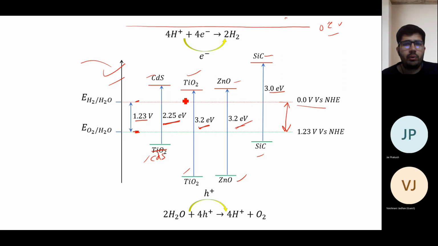You can see that 3.2 and 3.0, but the conduction band and valence band positions are different. This was 3.2, this is 3.0, but the positions are different.